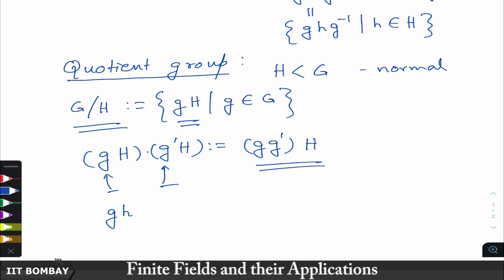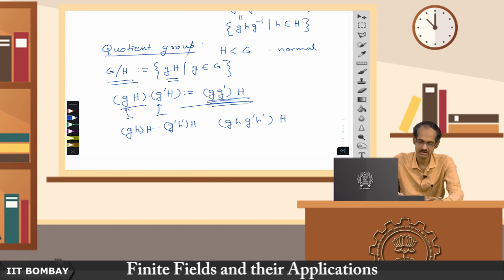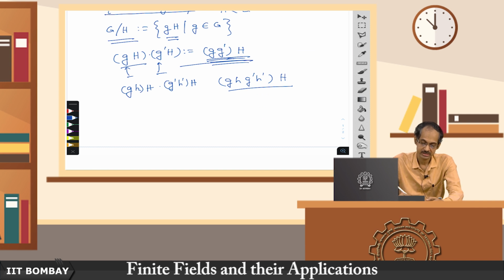So, you could have written gH as gh times H and this as g'h' times H. Now, the operation between them, according to this definition, is ghg'h' times H.